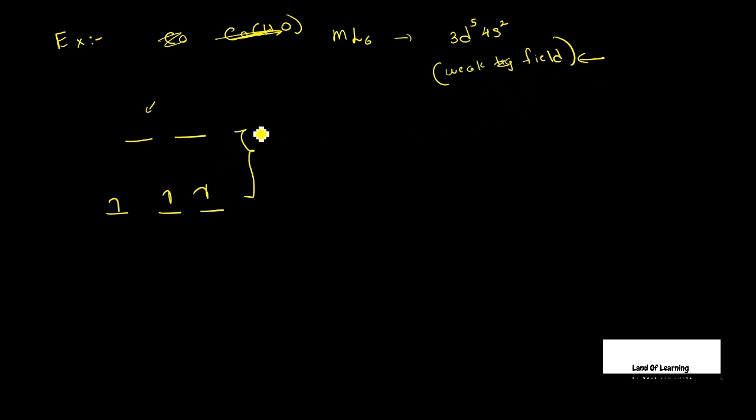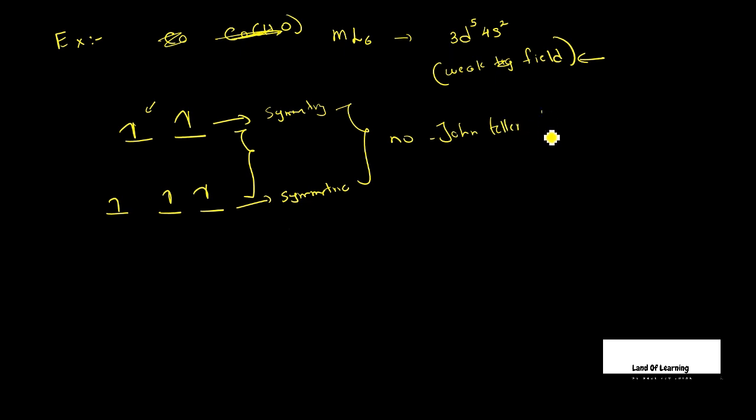Weak field means this gap is lower, so our electron can quickly jump to here, 1, 2. Now to check whether this contains Jahn-Teller distortion, look at the T2G level, it's perfectly symmetric. Look at the EG level, it's symmetric, right? So both are symmetric, so no Jahn-Teller effect. No Jahn-Teller distortion. So this is completely fine, right?